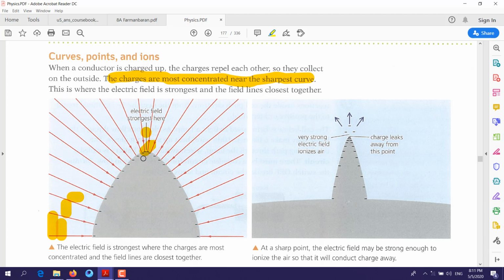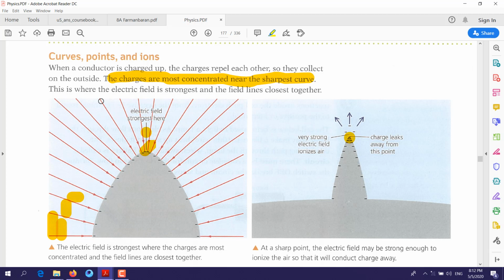Look at the charges here. At this small point, we have, for example, 4 charges. Look at this small point. Also, we have like 4 or 5 charges. So, if you have a question now, it is: where will the electric field be stronger?